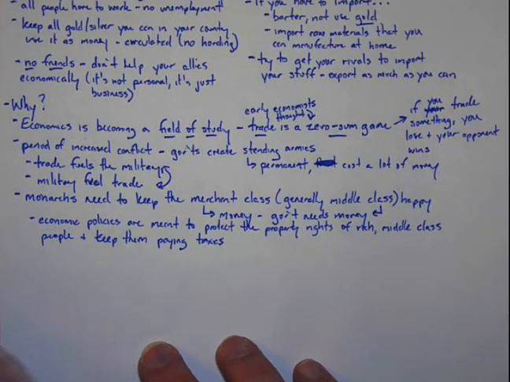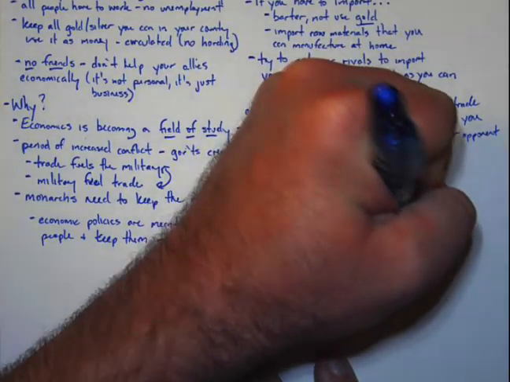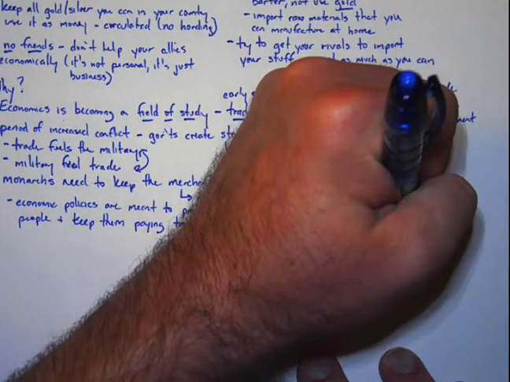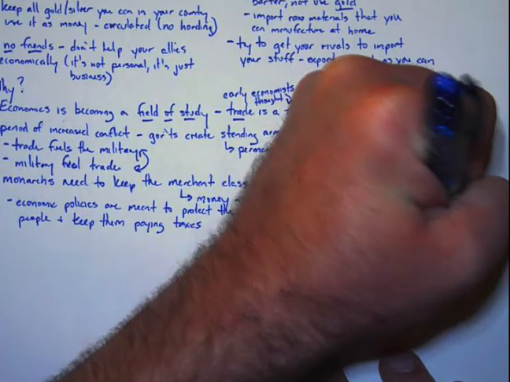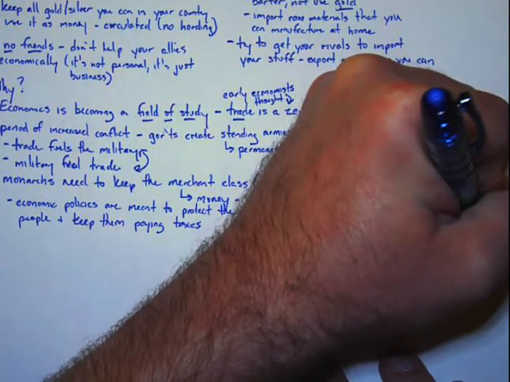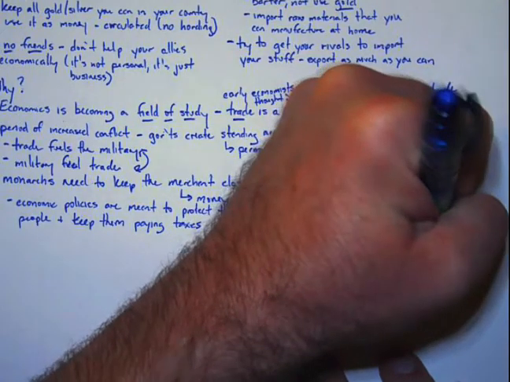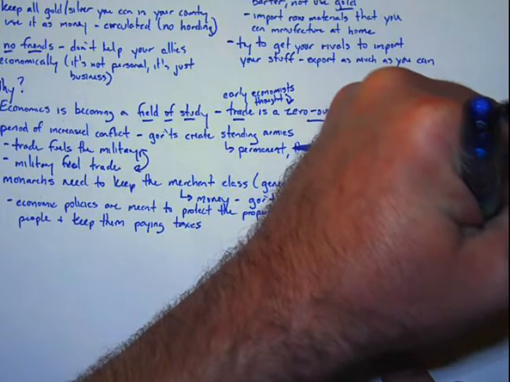As long as they're happy, they'll keep paying their taxes without complaint. And just so that we're clear, the middle class people are people that are as rich as the nobility, but without the titles and privileges.